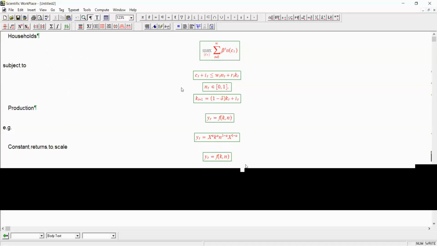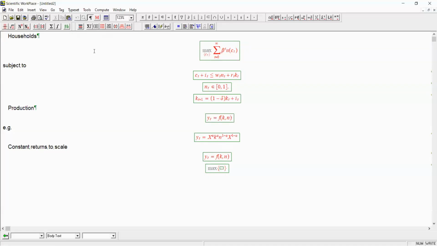And the firm also will have its own separate maximization problem. So the firm here is autonomous. It's not operated actively by the households. What it does is that it maximizes its profits. What are its profits? I guess using the notation from before.